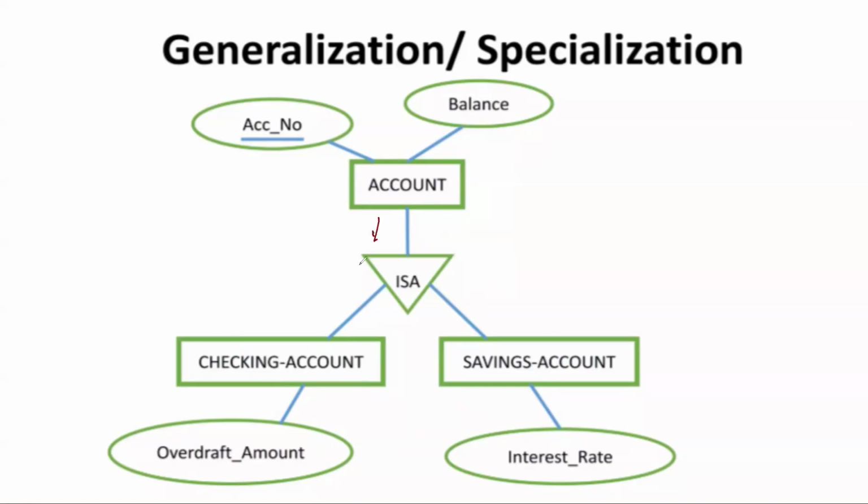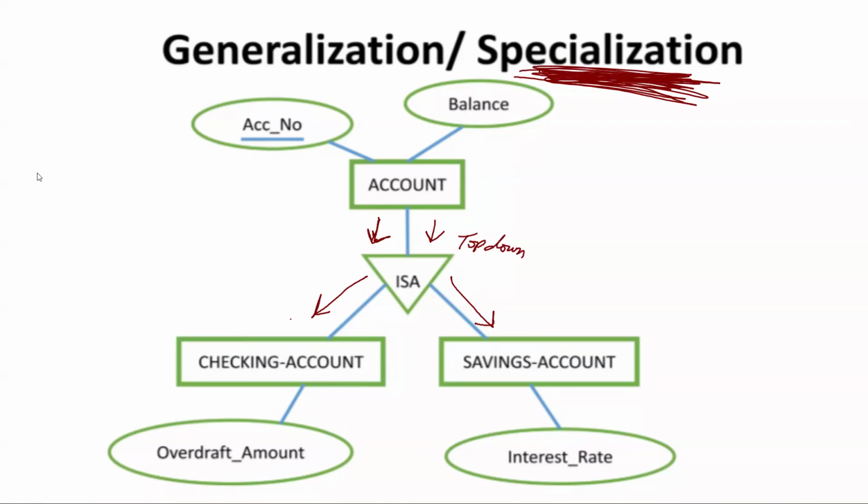An account can be a checking account and an account can be a saving account. So first, if we are following the top down approach, then it is specialization. Account is a checking account, like a special kind of account, that is a checking account. If account is a saving account, it is also a special kind of account. Then it is specialization, that is the top down approach.